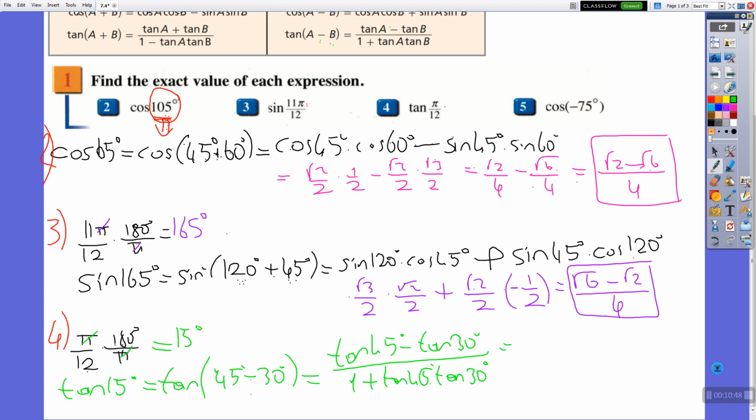I know their values. Tangent 45 is 1. Tangent 30 is 1 over square root of 3. Over 1 plus 1 times 1 over square root of 3. You'll get square root 3 over 1 over square root 3 plus 1. That's your result.